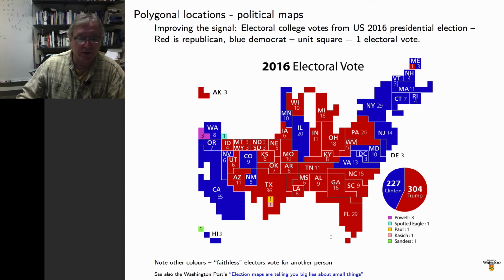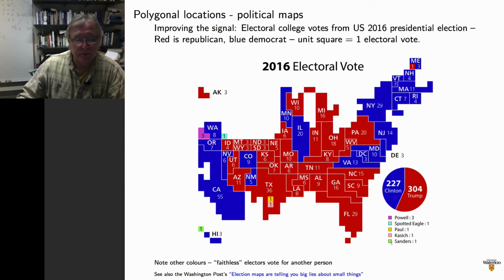So in Washington State here, even though that went for Clinton, 3 of the electors went for different things. 3 of them went for Colin Powell, and I think that may also be in Washington or might be Idaho. One voted for a woman named Faith Spotted Eagle.